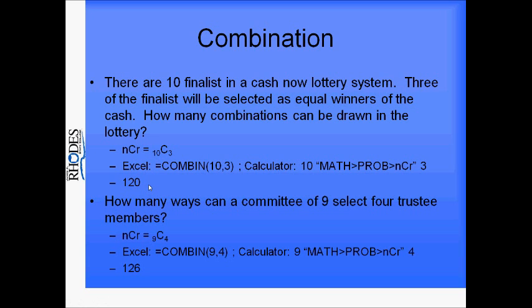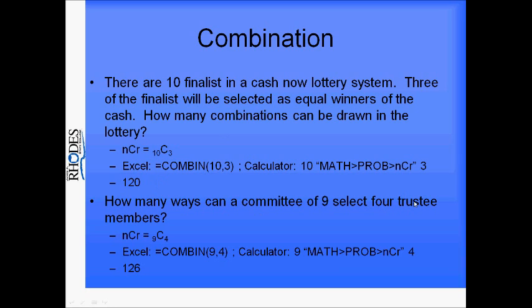Second example, how many ways can a committee of 9 select 4 trustee members? See, a trustee is a trustee is a trustee, so there's no difference between them. So order does not matter. Whereas, before, a similar example to this was we were selecting a vice president, a president. That's the difference.